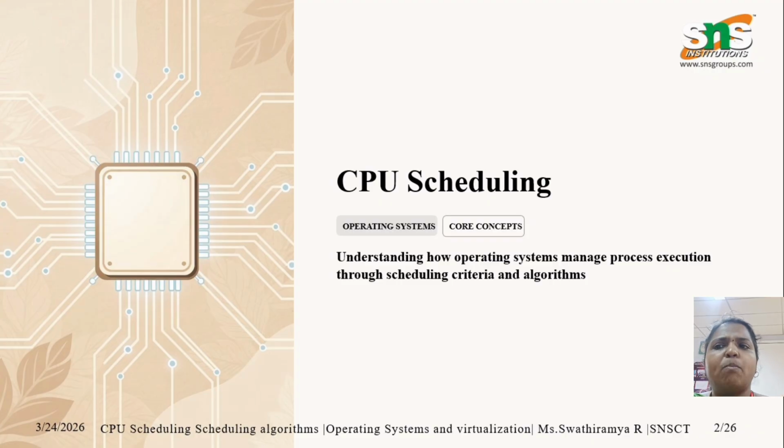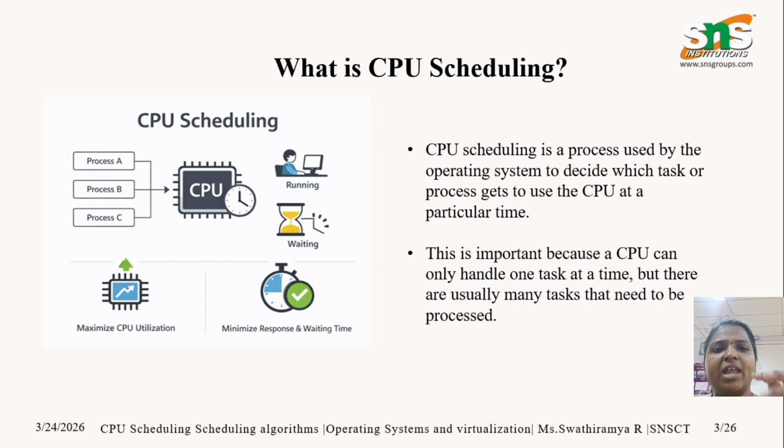There are usually a large number of tasks waiting in the queue for CPU time. But there are usually many tasks that need to be processed at the same time. So we need some scheduling methods to decide which process to take from the queue and process first.